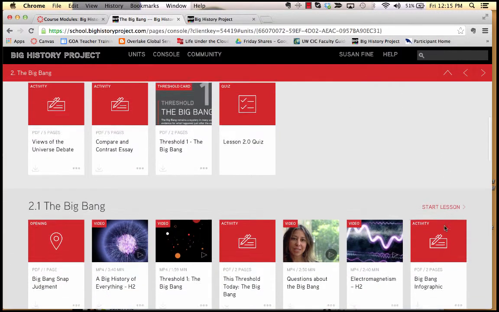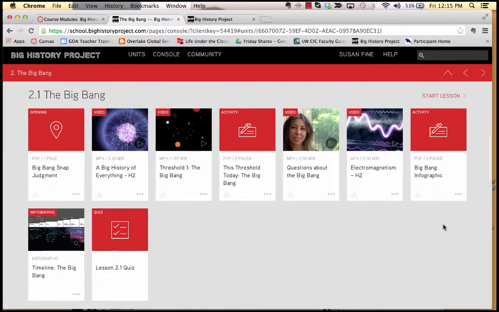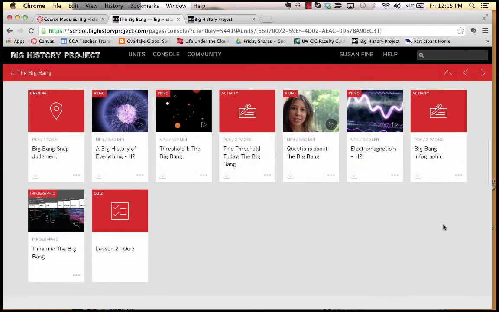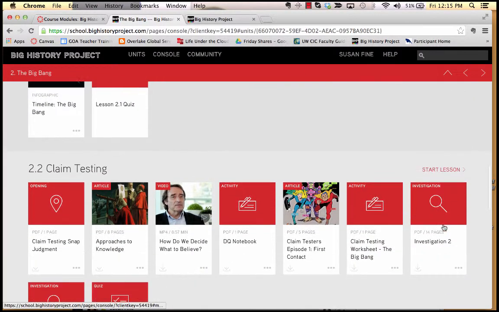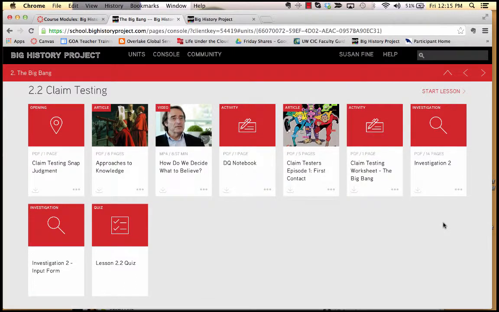So it's looking very much at science, the history of science, and you can see the materials are pretty extensive. We go here into a bunch of other materials for the Big Bang unit, and here's a whole section. And throughout the course, there are experts that get brought in. So it's pretty terrific, the materials.